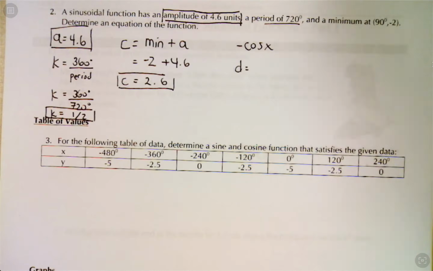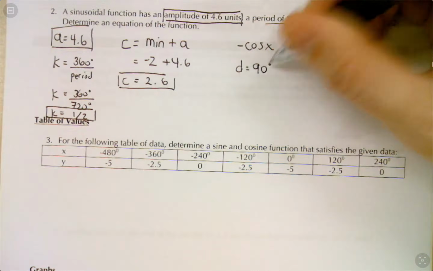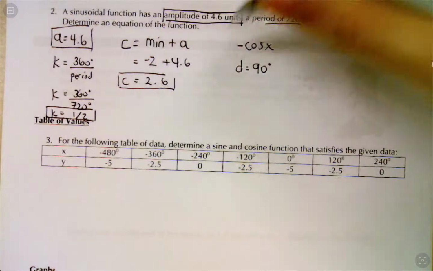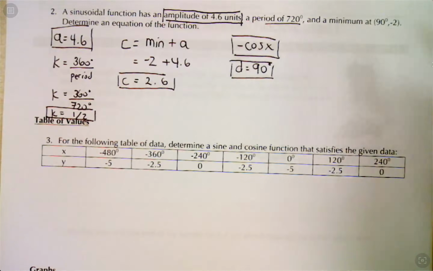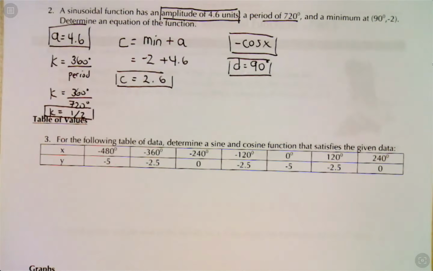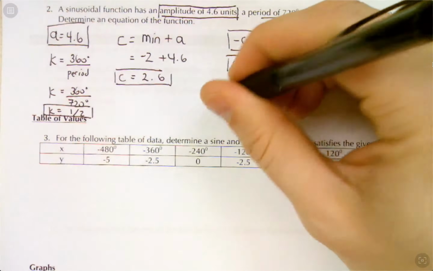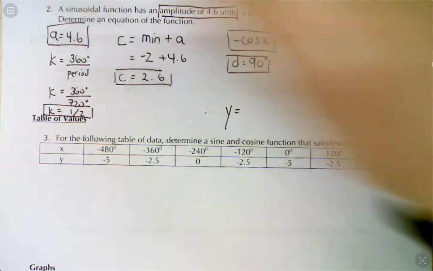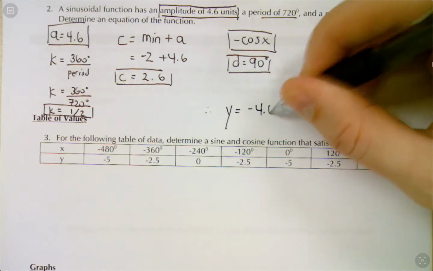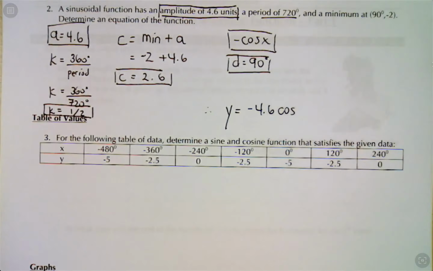And the D value we should use is, since we've been shifted 90 to the right, a D value of 90 degrees. So now we've got all the information we need to make the equation. Therefore, y equals negative amplitude, so negative 4.6 cos.